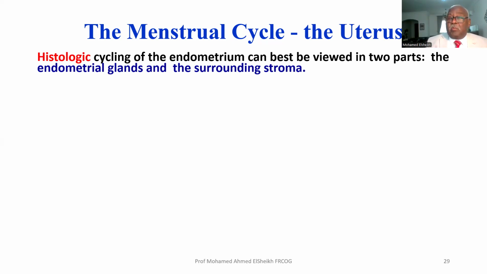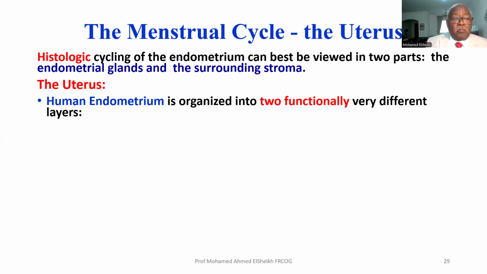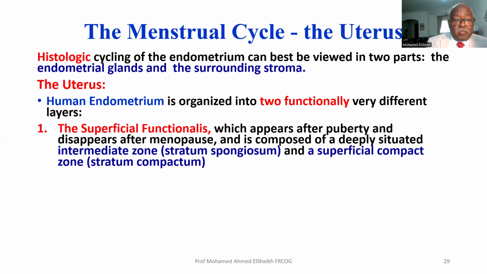Histologically, the endometrium can best be viewed in two parts: endometrial glands and surrounding tissue. That is the best way to look at it. The human endometrium is organized in two functionally very different layers.